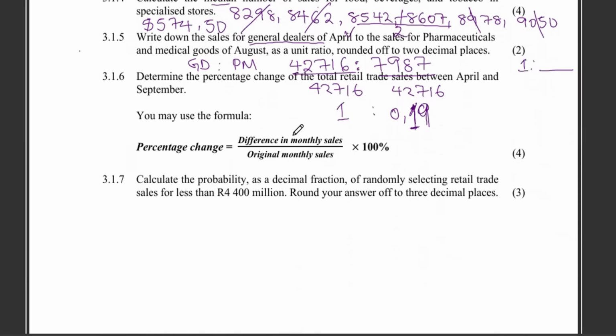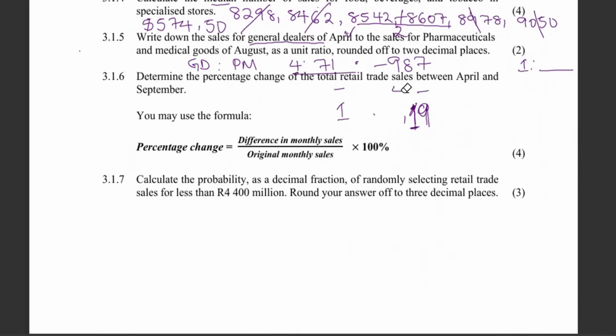The percentage change is the difference in monthly sales divided by the original monthly sales. So we are looking at this question here and determine the percentage change of the total retail trade sales between April and September.